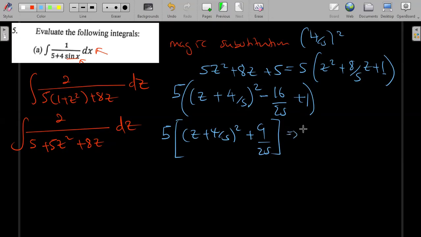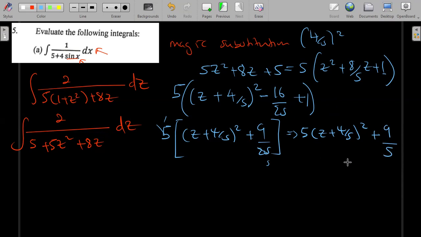So this implies this is just going to be 5 multiplied by z plus 4 over 5, then squared. Then from there, when I multiply the 5, this 5 there divides into that 25, giving me 5, and I have plus 9 over 5. So I get 9 over 5 there.